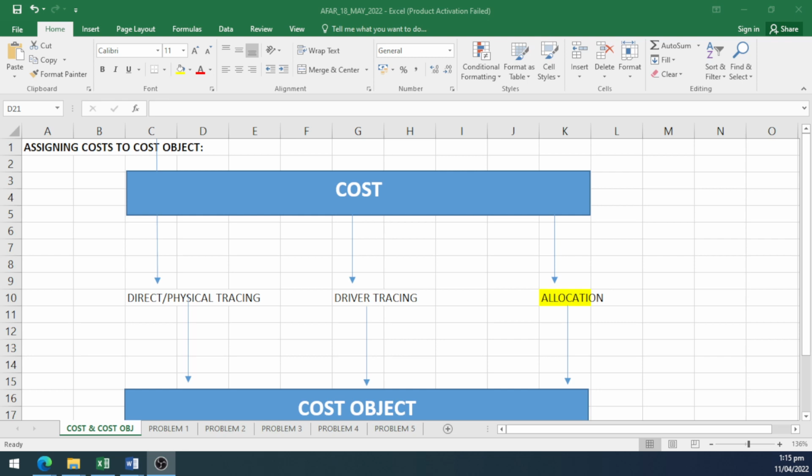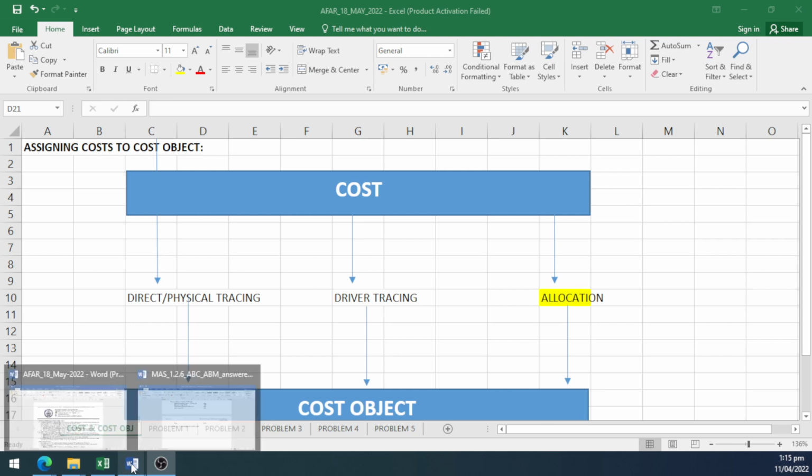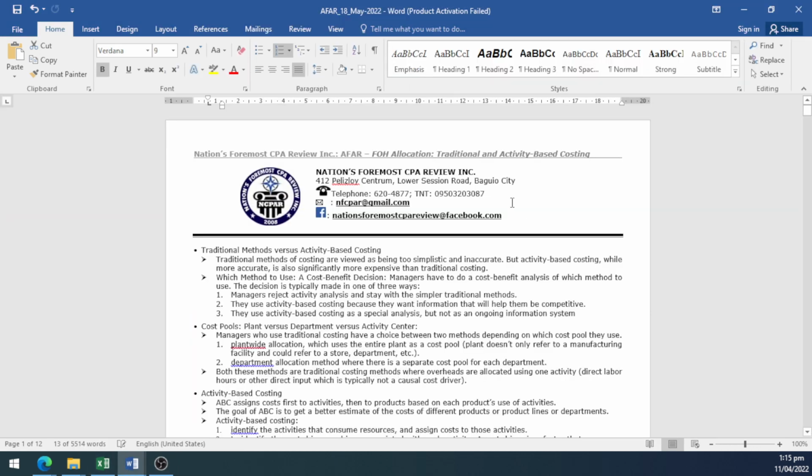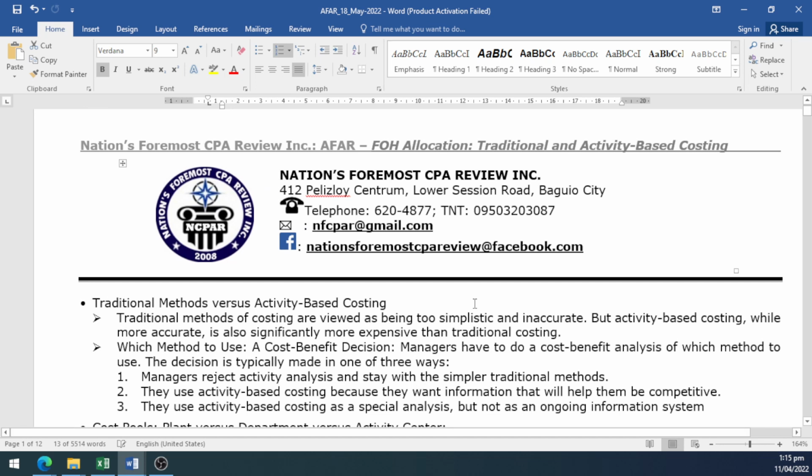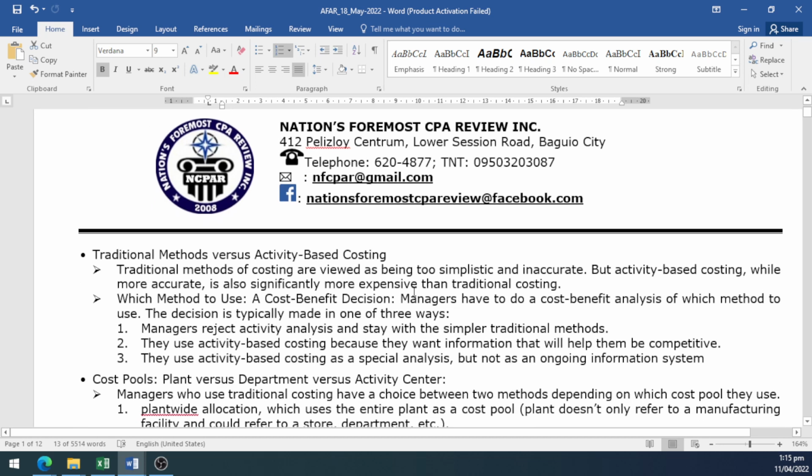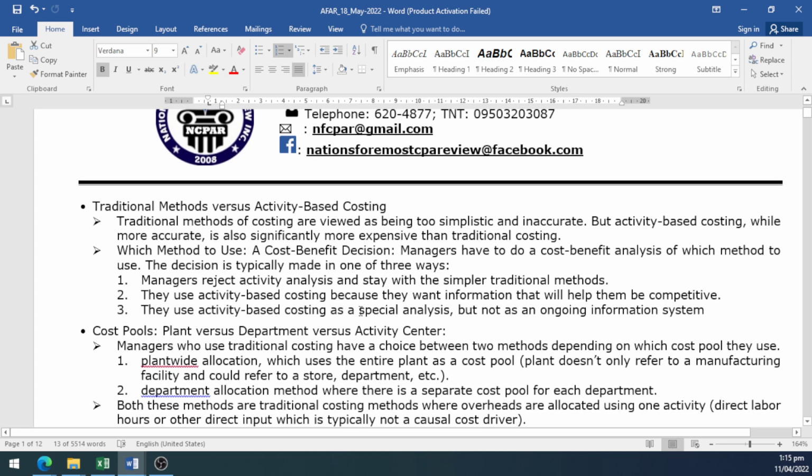Okay? So, paano natin i-allocate yung factory overhead? Okay, so, meron tayong traditional methods, and then we have activity-based costing. Under traditional or conventional allocation of factory overhead, we have the plant-wide or blanket overhead rate system.